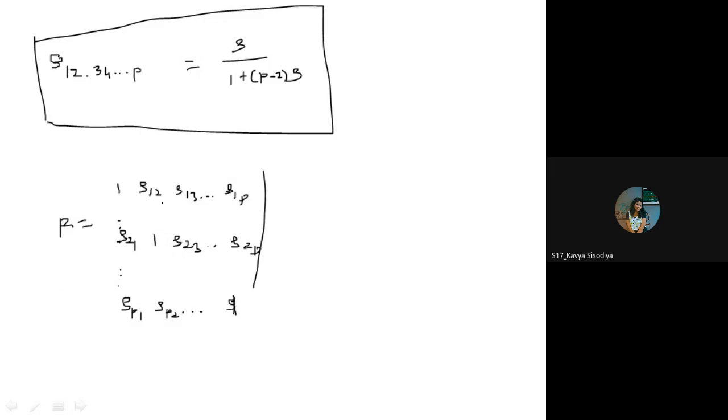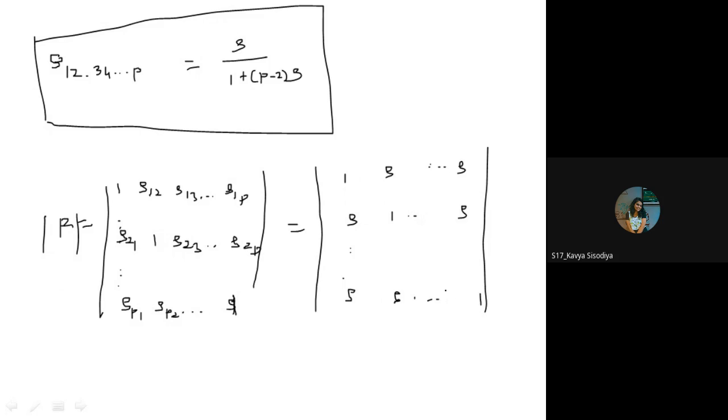So this is the correlation matrix, but if all are rho, then you just find out the determinant of this: 1 rho rho; rho 1 rho; rho rho 1.